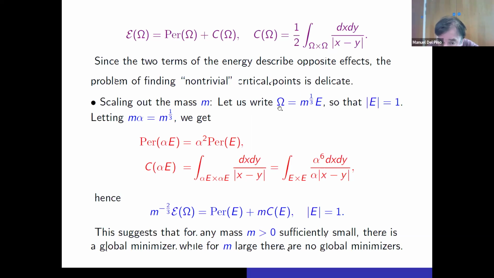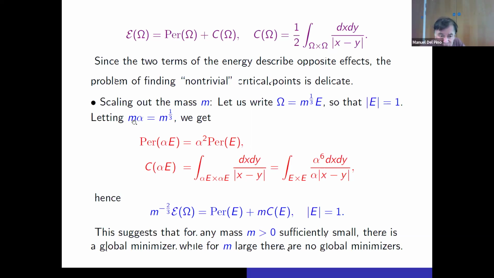If I consider omega written in the form m to the power 1/3 times E, then having volume omega equal to m is equivalent to having volume of E equal to 1, right? I mean, the scalar is raised to power 1/3 because the volume of alpha E is alpha cubed times the volume of E. So I need to take alpha to be m to the power 1/3.